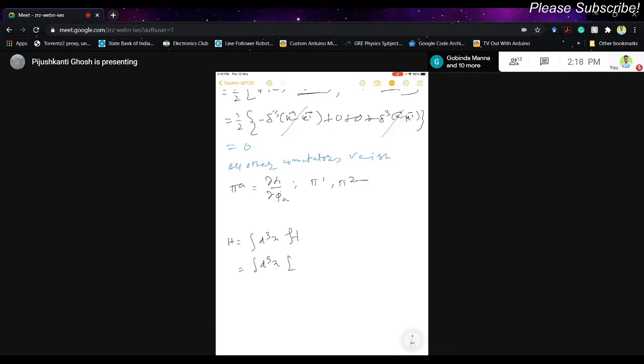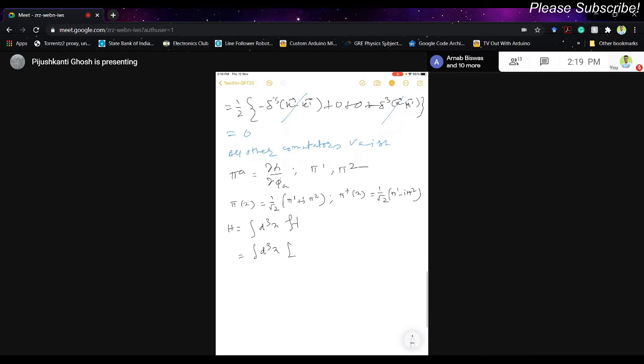I also define pi of x as 1 by root 2 times pi 1 plus i pi 2, and it naturally follows that pi dagger of x is the conjugate, because pi 1, by definition, by construction, is Hermitian, both pi 1 and pi 2, and the only minus sign comes from the i. Okay.